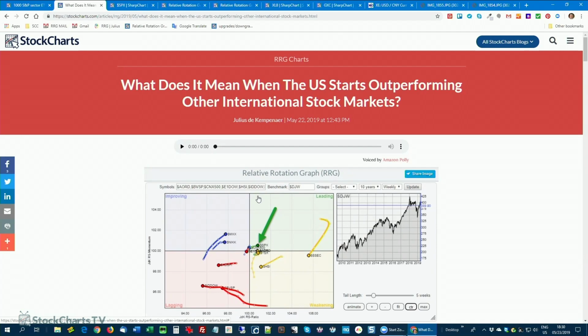But when the general market starts to turn down, large caps start to improve and outperform small caps, because small caps are inherently more risky, so people move to large cap as some sort of a safe bet. So this is what I wanted to share with you from, let's say, an international perspective, and what it actually means when you see the S&P 500 moving into the leading quadrant, because it doesn't necessarily mean good news for the market as a whole.